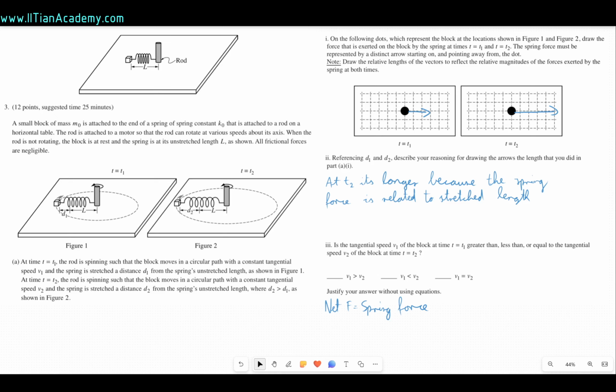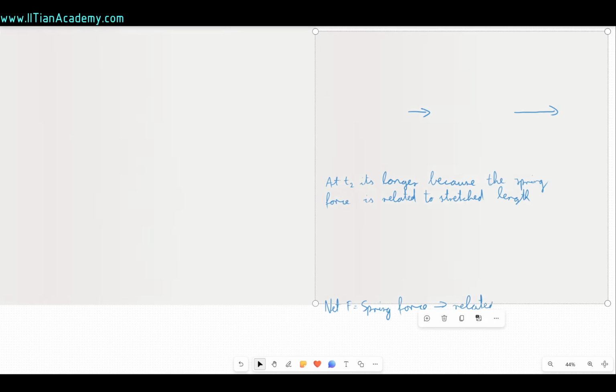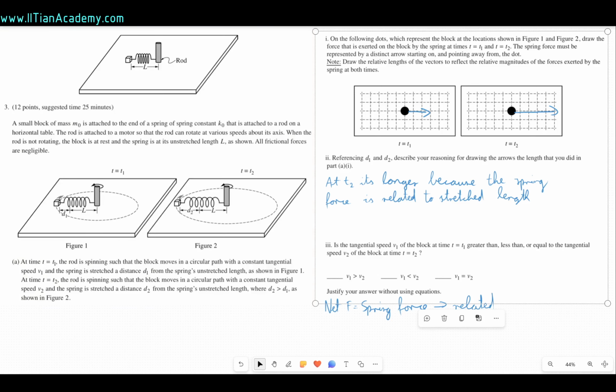And what we know is that the net force is related to the speed, which we will see through the centripetal motion related to speed. And therefore, a larger net force will mean a larger speed, and therefore the second speed will be larger.